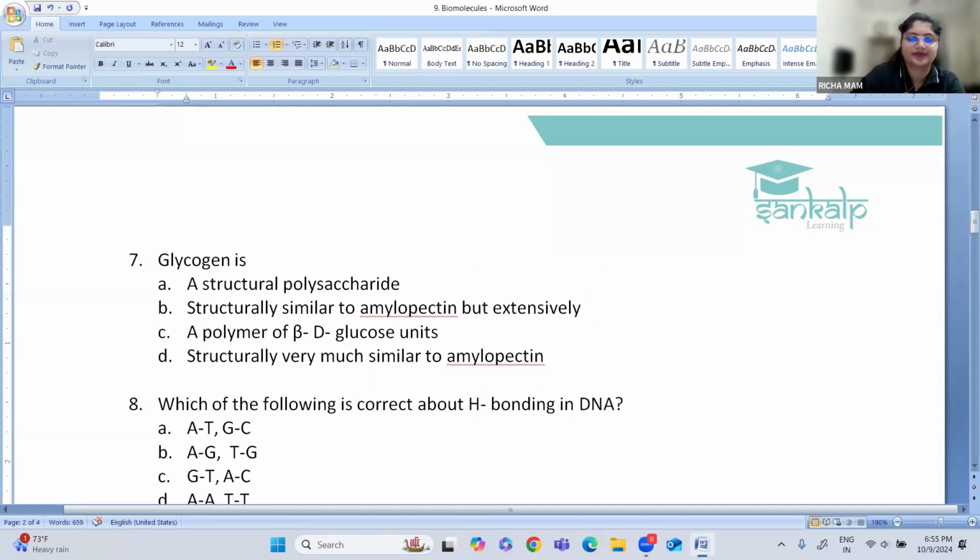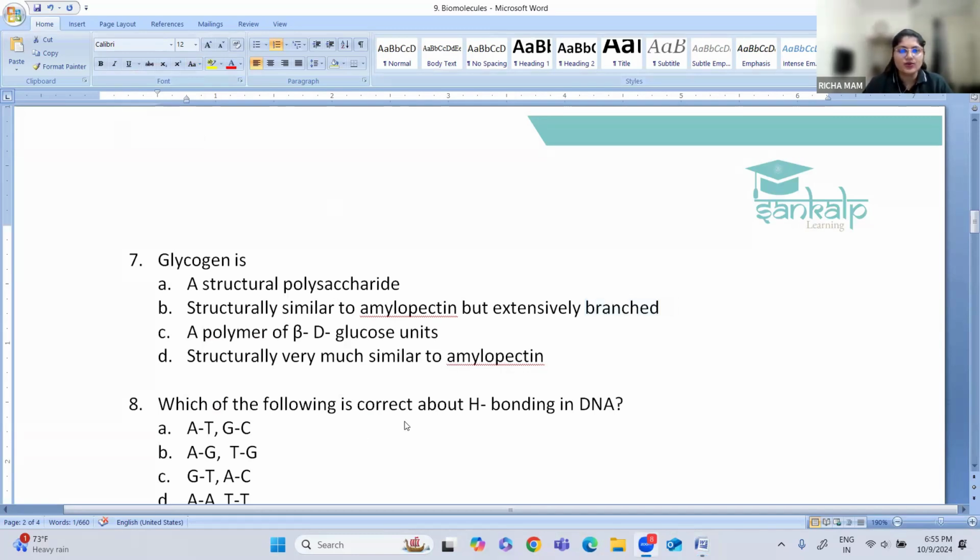Only branched. Yes, structurally similar to amylopectin but extensively branched. Okay, Sri Varuni has answered it as B.